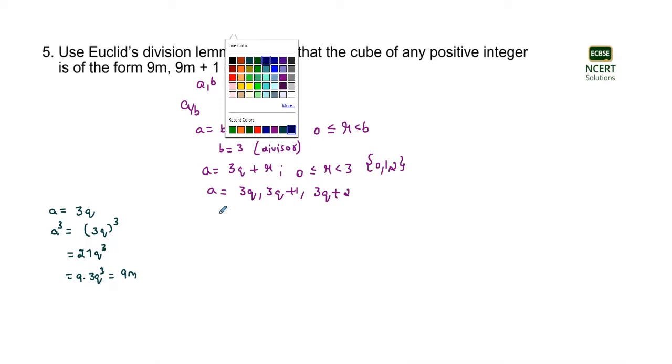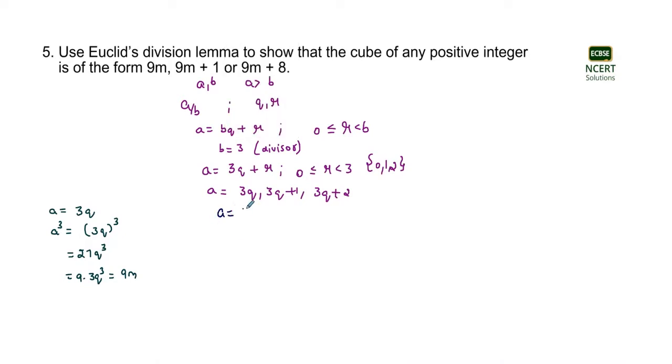Now let us come to the second form, that is a equals 3q plus 1. Now taking the cube on both sides, a cube will be equal to (3q plus 1) whole cube, and using the identity of (a plus b) whole cube, it will be equal to 27q cube plus 1 plus 27q square plus 9q.